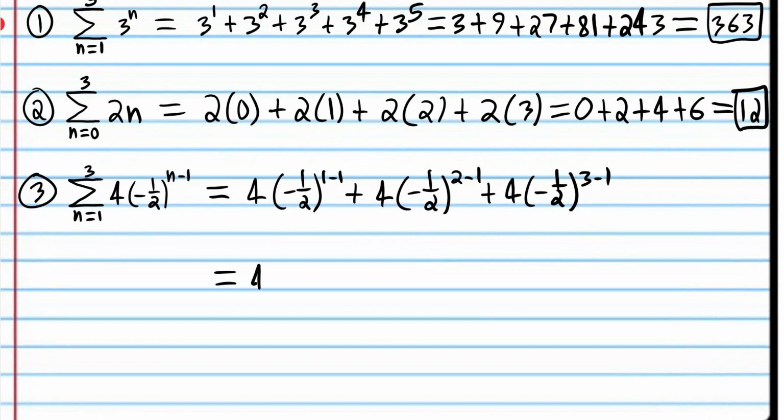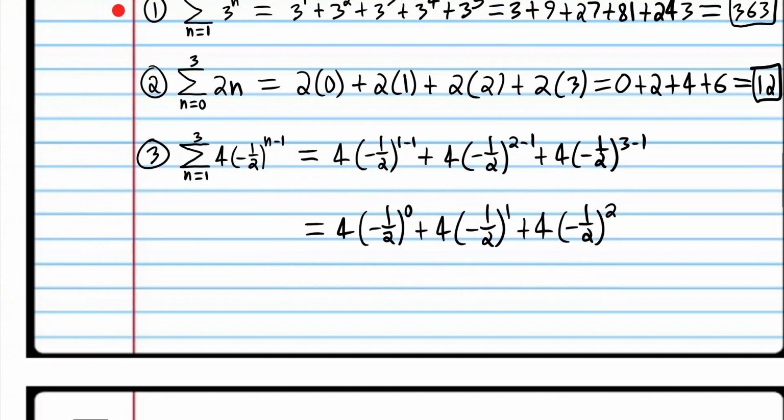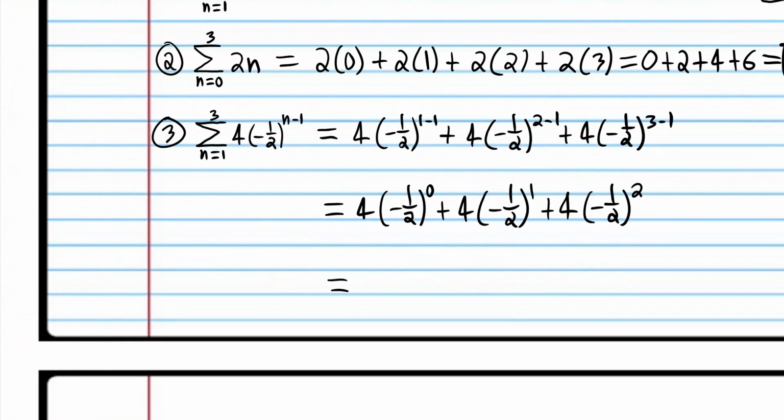So we have 4 times negative 1/2 to the 0 power, plus 4 times negative 1/2 to the 1 power, plus 4 times negative 1/2 to the 2nd power. So we have 4 times 1 plus 4 times negative 1/2 plus 4 times 1/4.